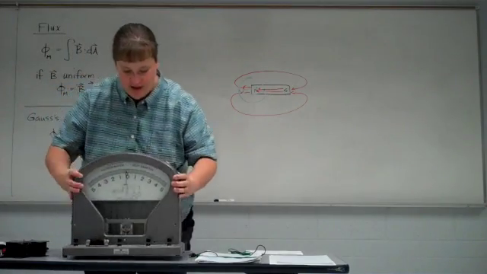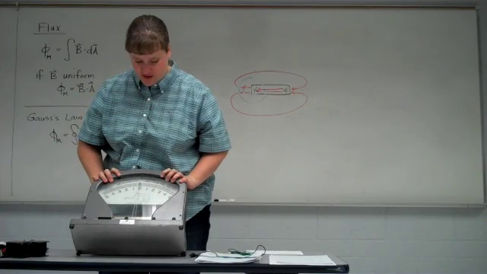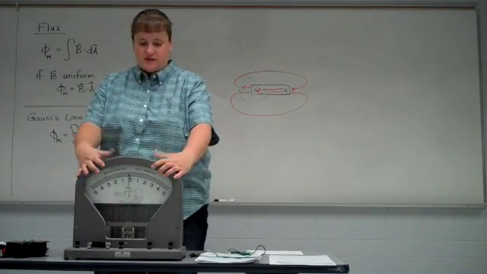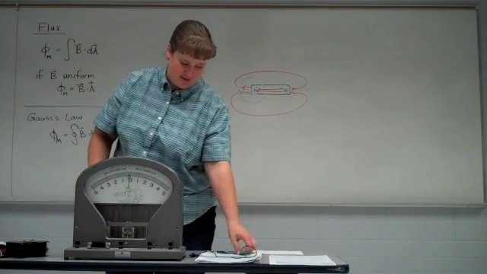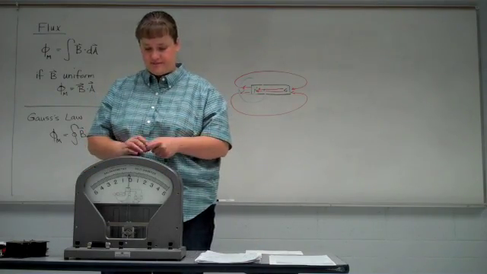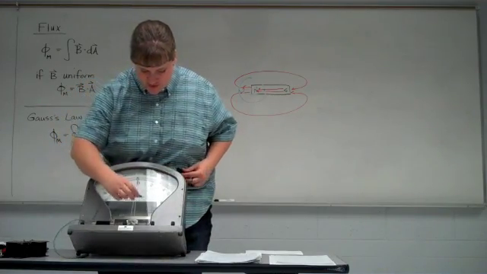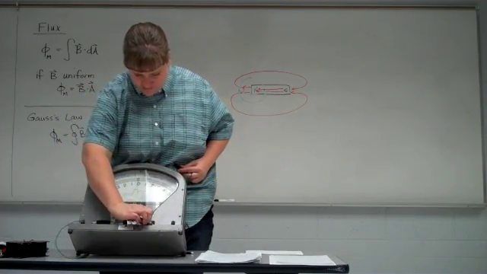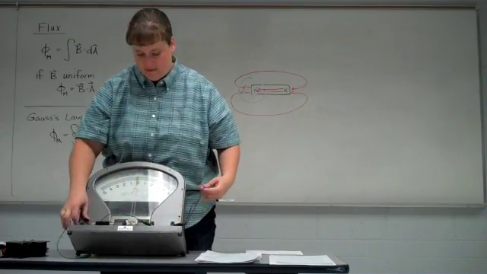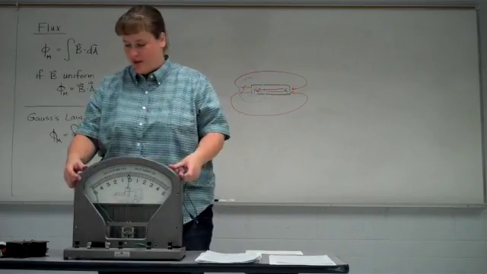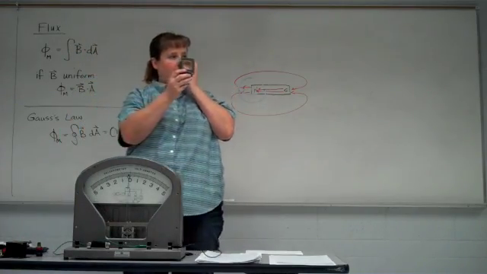For example, I have here a galvanometer. It measures current and voltage. It's kind of old school, a little bit older than probably all of us. But that's okay, it still works great. So I'm going to hook it up so that it is measuring current. I'm going to hook it up to this solenoid.